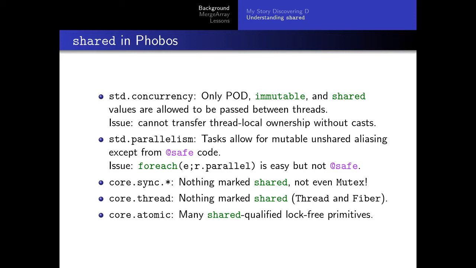There's also core.sync and core.thread, which are D runtime libraries all about concurrency and sharing and protecting data, but almost nothing in any of those libraries is actually marked shared or usable when that object is labeled shared. It can also be kind of tricky because Mutex is a class.